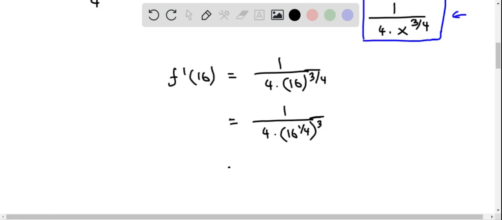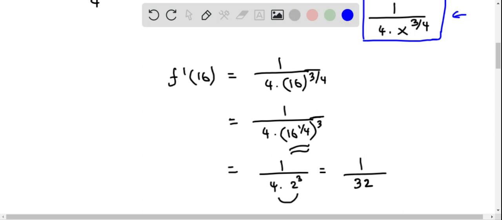And 16 raised to the power of 1/4 is basically 2. So this becomes 1 by 4 times 2 raised to the power of 3. 2 raised to the power of 3 is 8. So 8 times 4 is 32. So basically we get f prime of 16 equals 1 by 32.